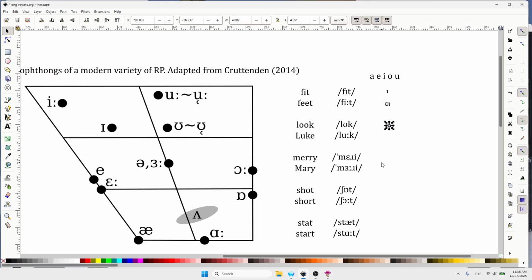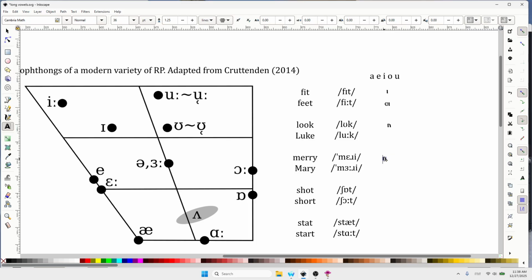So you just have to memorize which U's are short and long. I meant to do that, sorry.